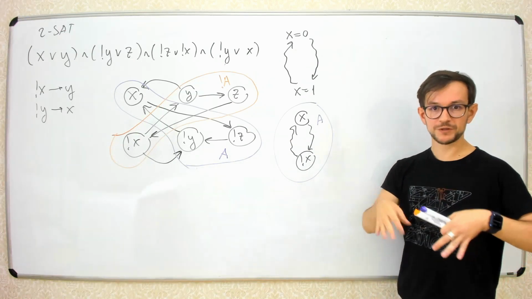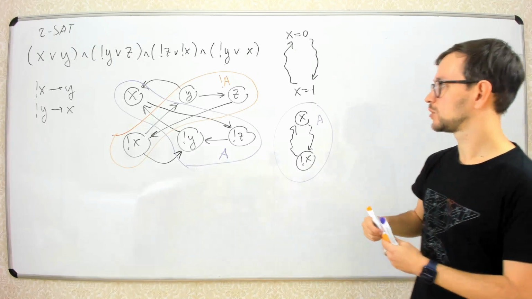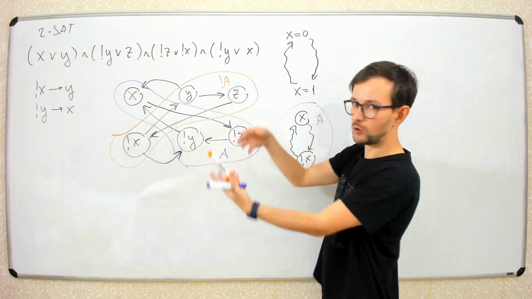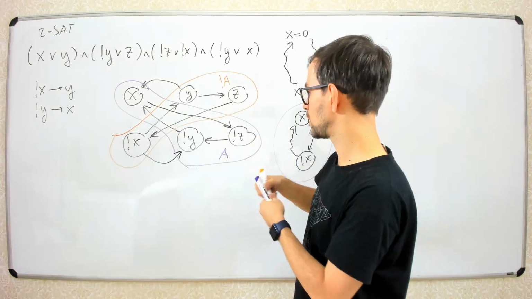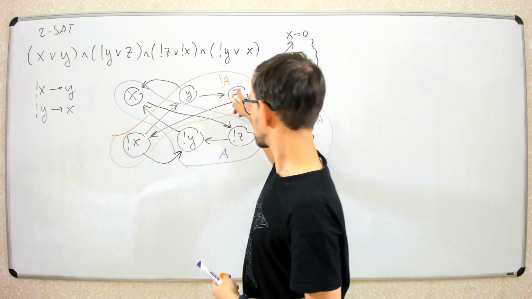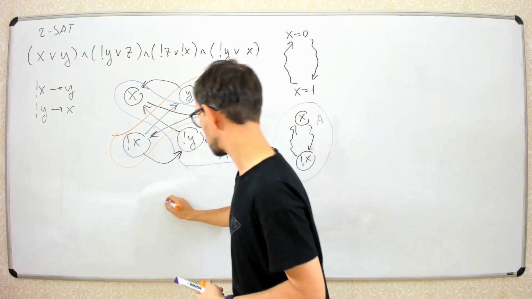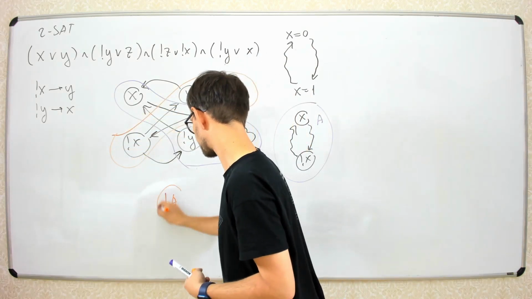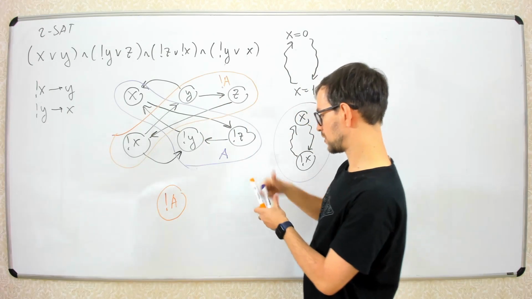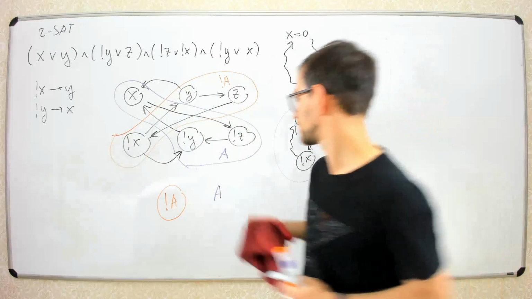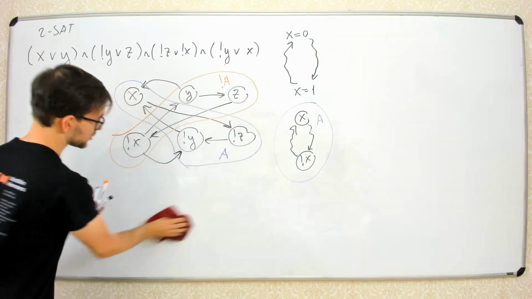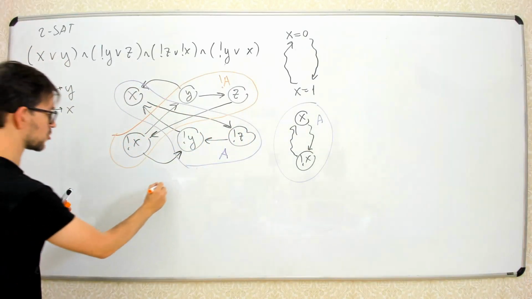And now we will build the condensation of this graph. So what happens if we just condense all the nodes of the same component into a vertex? So we have this component node A. Let's make it bigger actually. Just put all the variables just to see what's going on inside this kind of component.